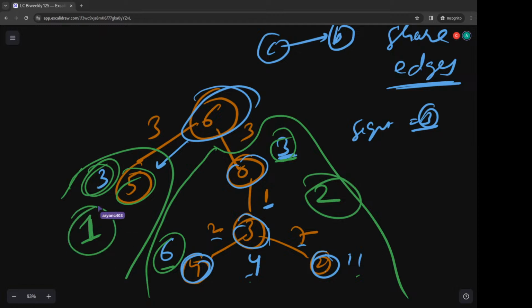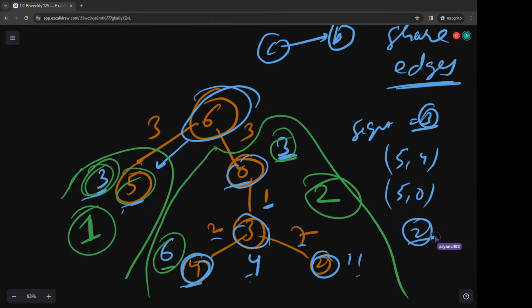And because we want to count all the pairs which are from different subtrees, in this case, 3 from here and 4 from here would be a valid pair. This is 5, right? Okay. 5 comma 4 is a valid pair. And 5 comma 0 is also a valid pair. And hence 2. And this is the idea.